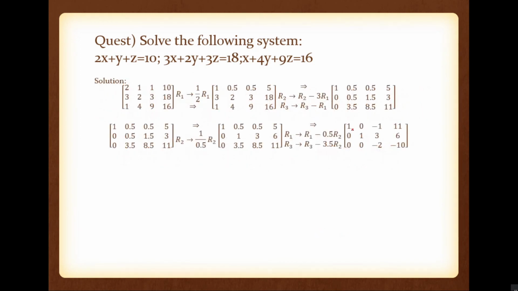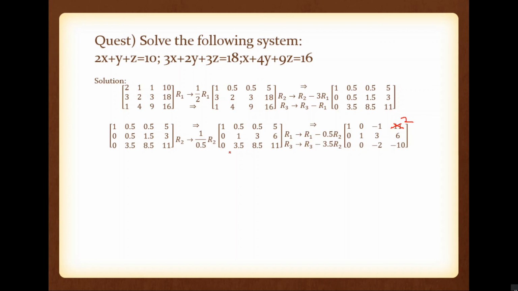First row will become 1, 0, minus 1. Then this term is 2. Is it correct? 5 minus 0.5 into 6. 0.5 into 6 means 3. So 5 minus 3, that is 2. Okay, so sorry, that is 2. Then second row is 0, 1, 3, 6.